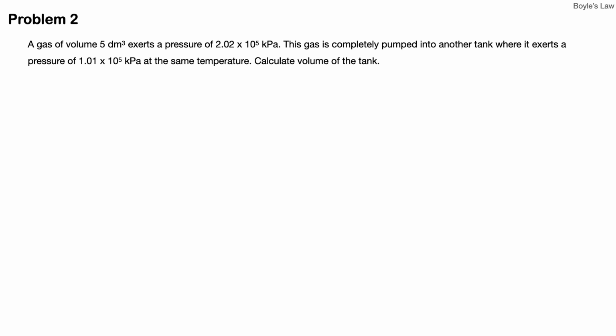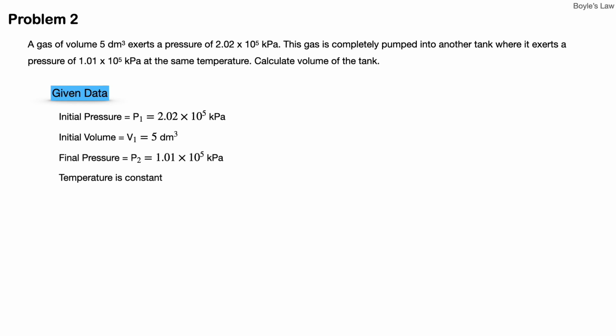This gas is completely pumped into another tank where it exerts a pressure of 1.01 times 10 raised to the power 5 kilopascals at the same temperature. Means the temperature is constant. We have to calculate the volume of that tank.